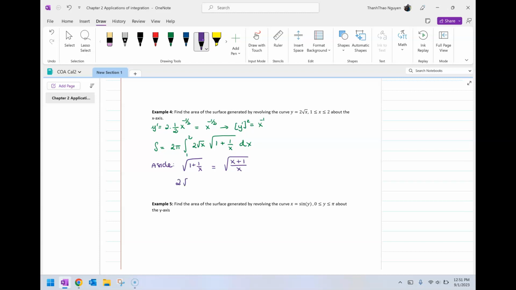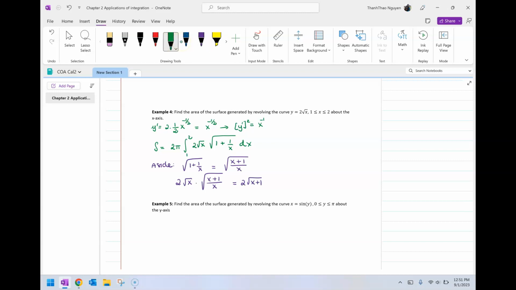So 2 square root of x times the square root of (x plus 1) over x simplifies to 2 square root of x plus 1.